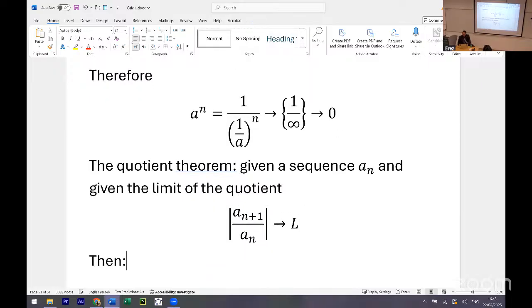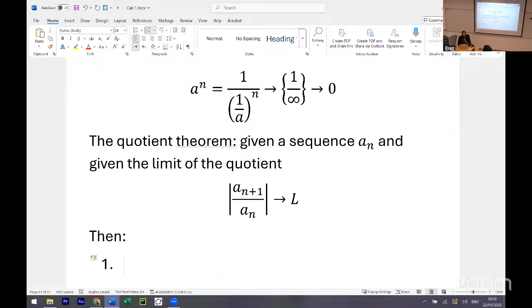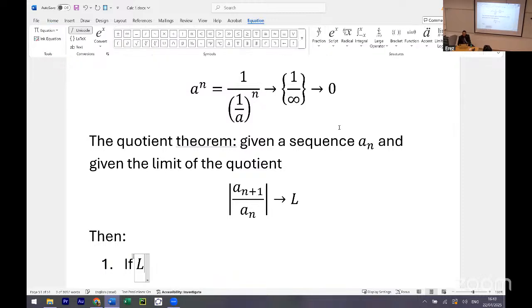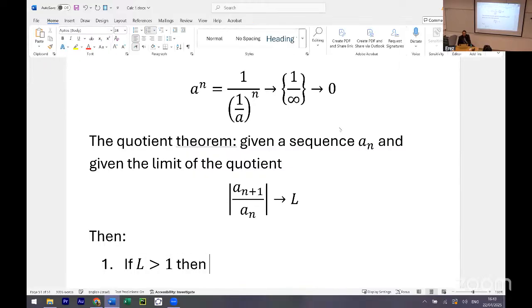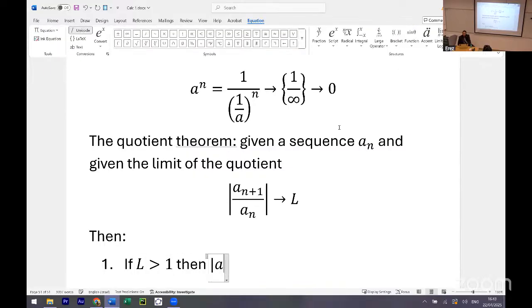then, if L is larger than 1, then the absolute value of the sequence tends to, can you guess? Infinity. If L is larger than 1, think about 2.